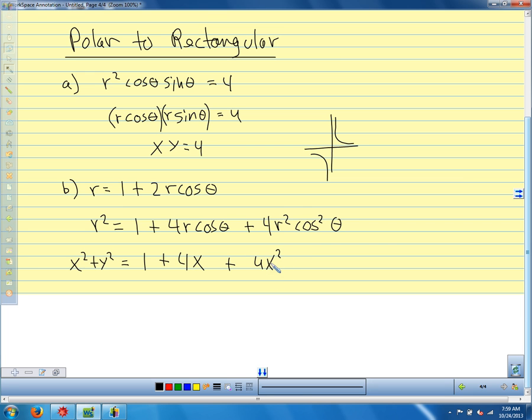And someone, was that you, Jacob? Jacob says let's write this as 2x squared. We could do that. That's fine. And I can rearrange everything and combine like terms, and I get y squared minus 3x squared minus 4x minus 1 equals 0.